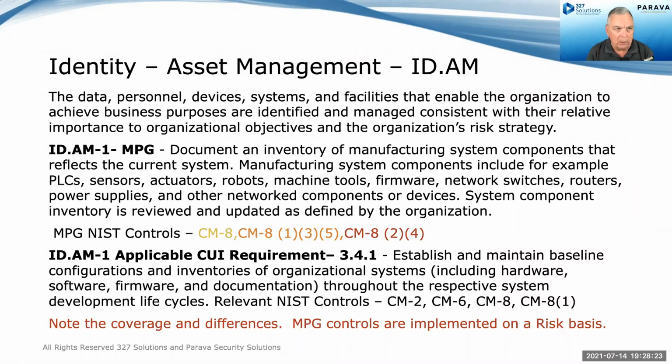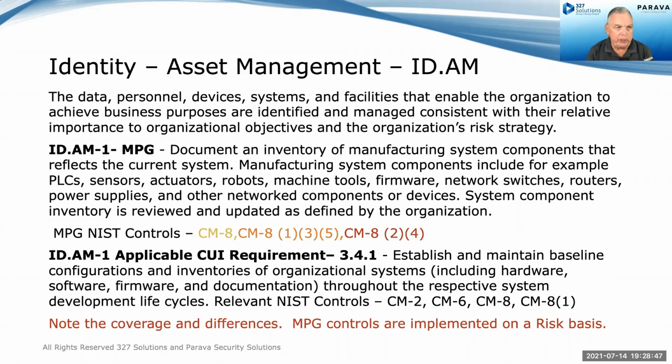So ID.AM-1 is requiring you to document an inventory of manufacturing system components that reflect a current system. Those components could include PLCs, sensors, actuators, robots, machine tools, firmware, network switches, routers, power supplies, and other networked components.